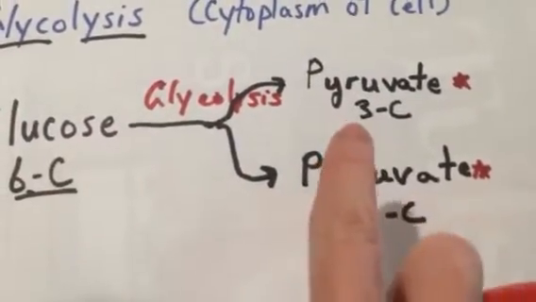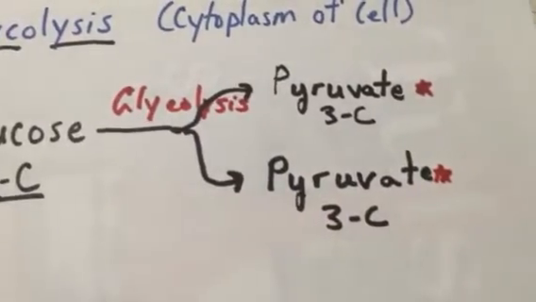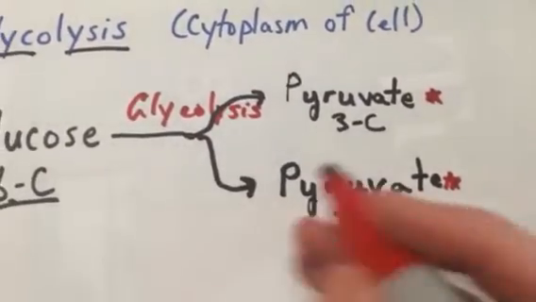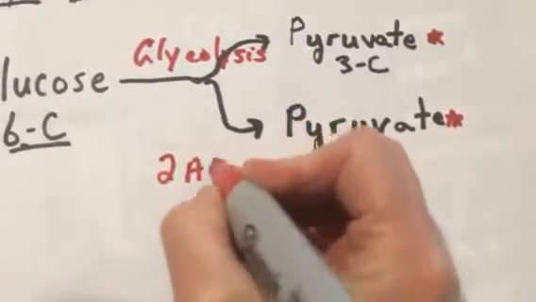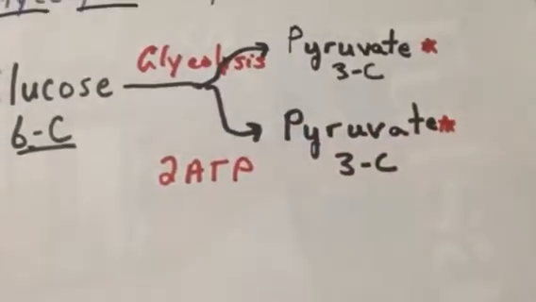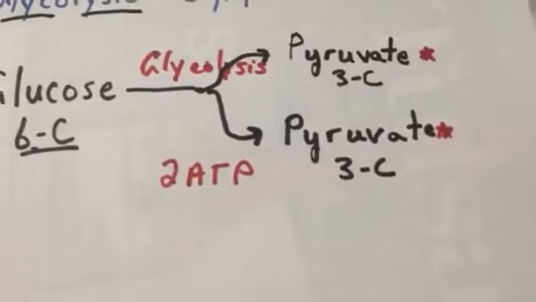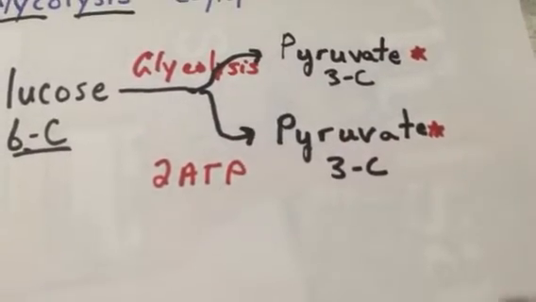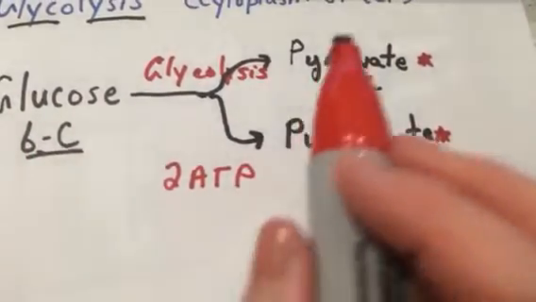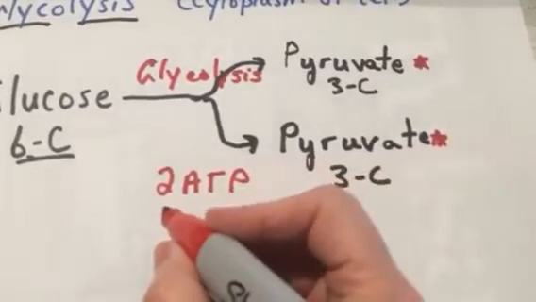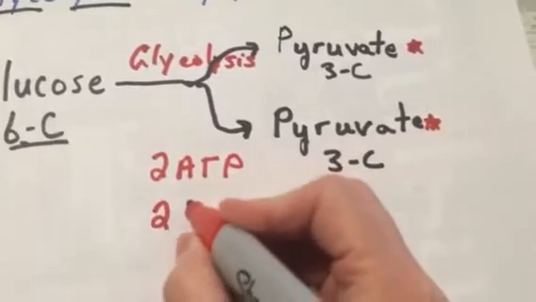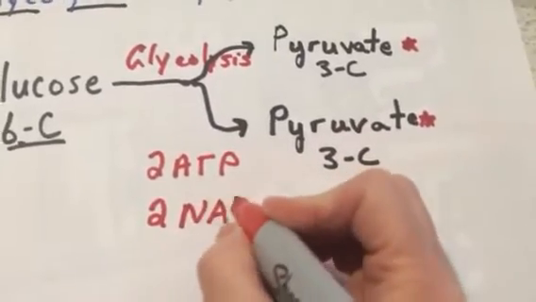In this process, and I'll show you when we go back to our PowerPoint where this happens, but throughout this process we also produce a small amount of ATP. We will produce 2 molecules of ATP in glycolysis. We also harvest some hydrogen. As this molecule is being split and rearranged, we will pull out hydrogen and we will reduce 2 molecules of NAD.